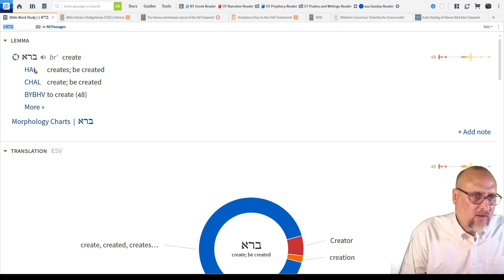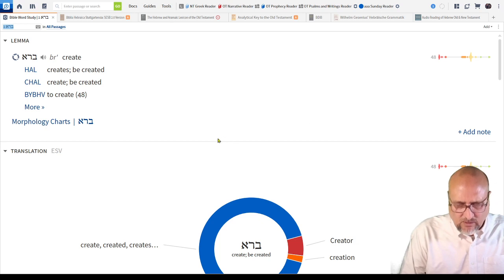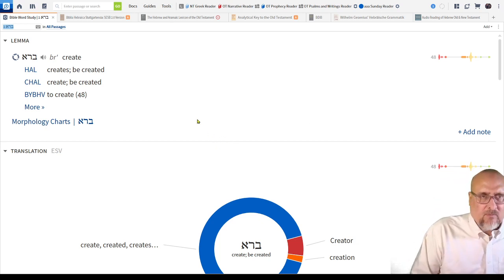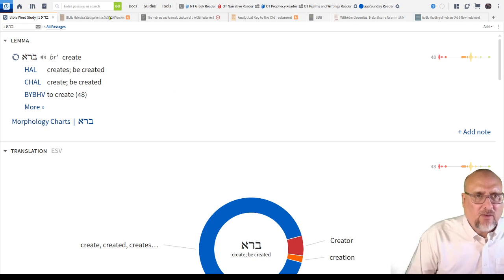So this is the standard one, Hebrew Aramaic lexicon. If you do the more, it will show you all the lexica that you have. I think I've got my computer frozen up. I can't move this back just yet.